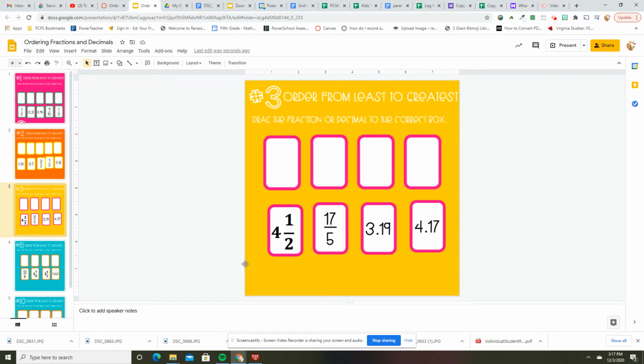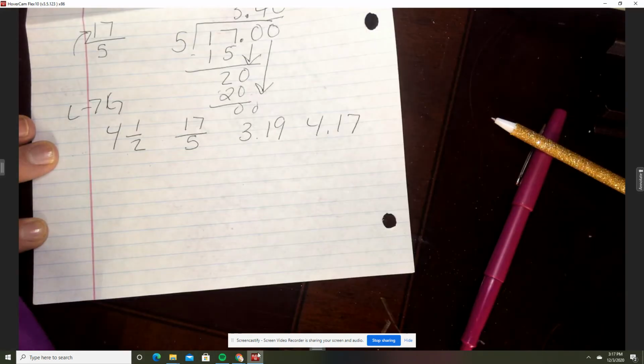Actually, let's just do this one together. I'm going to write them down, so you guys can see what I'm talking about just a little bit more. Okay, we're doing least to greatest. We'll do this one together on the video, but I'm going to put the boxes back, so that way you can work with them a little bit.